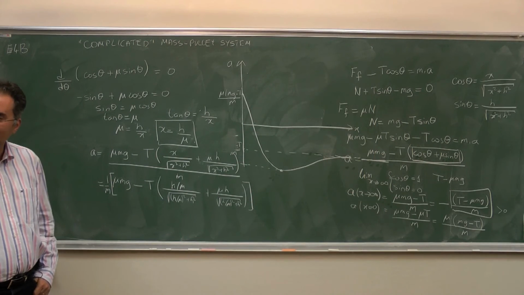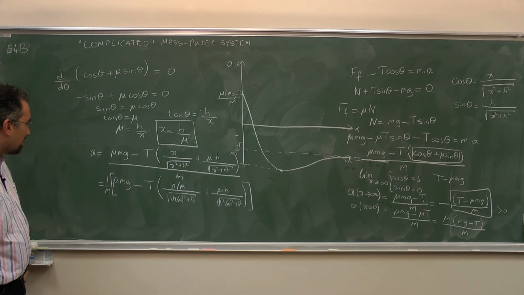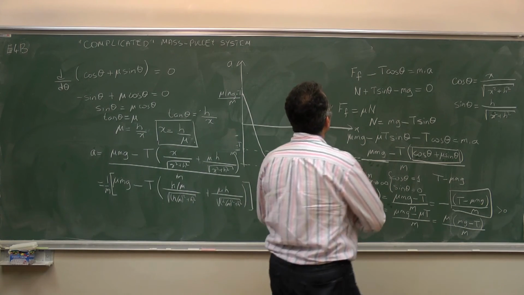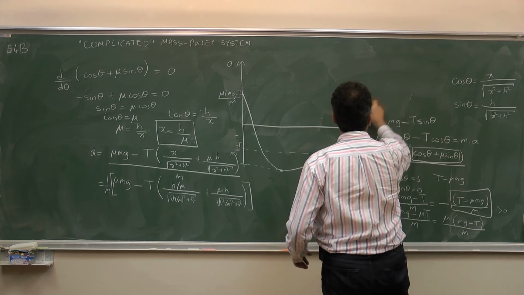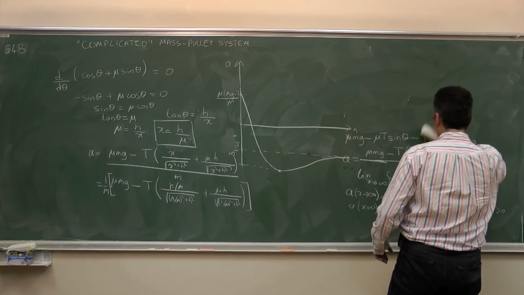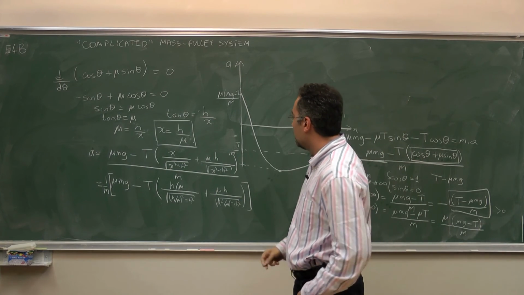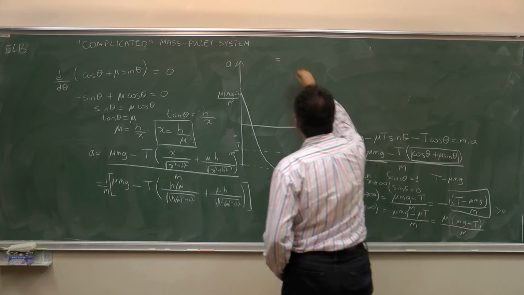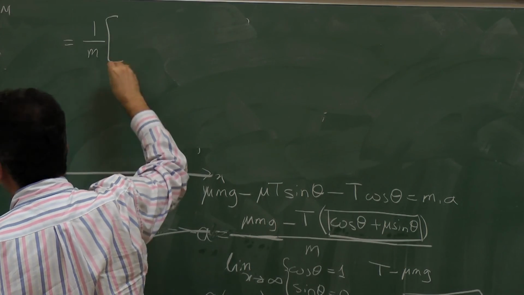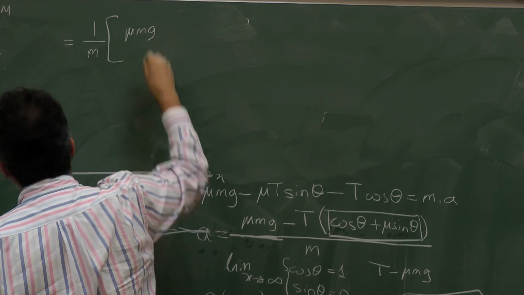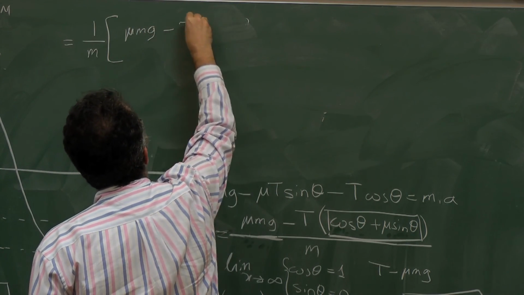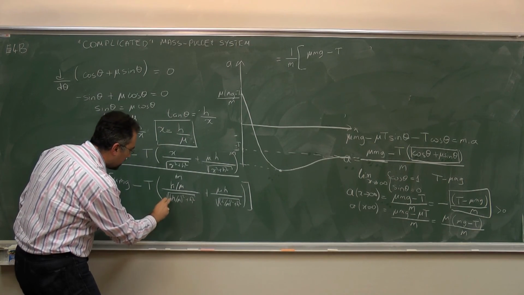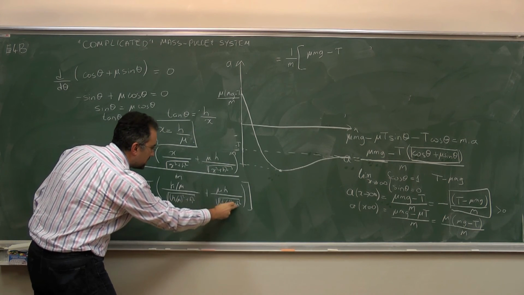Are we going good so far? So far, so good. All right, I need more board. So I have 1 over m, (mu mg minus T) times. Now, in the bottom here, there's h squared, h squared, h squared, and h's.